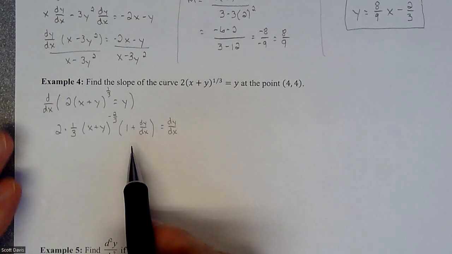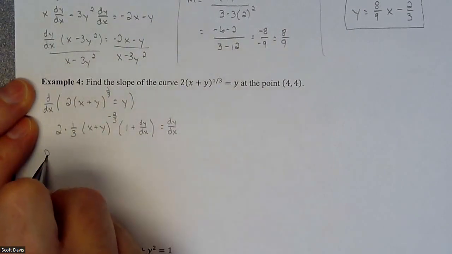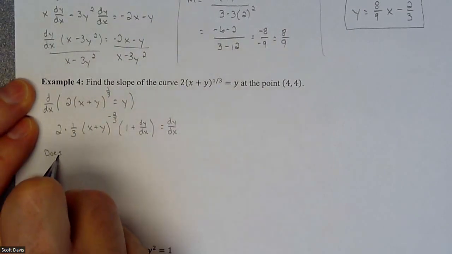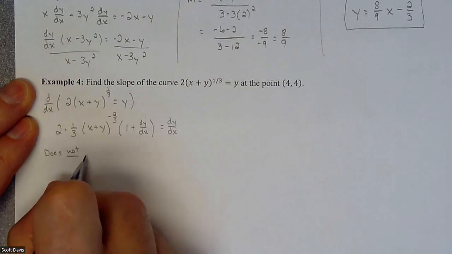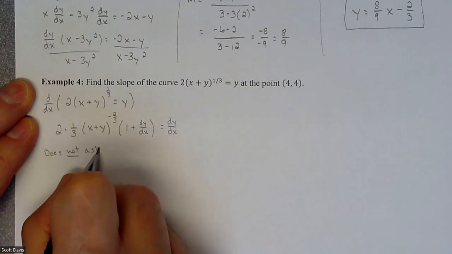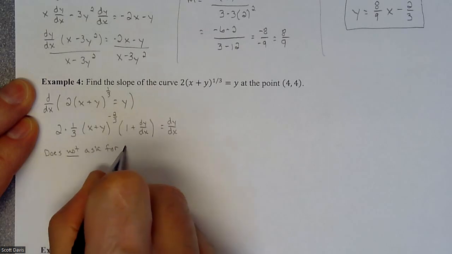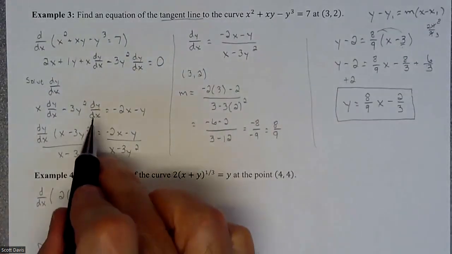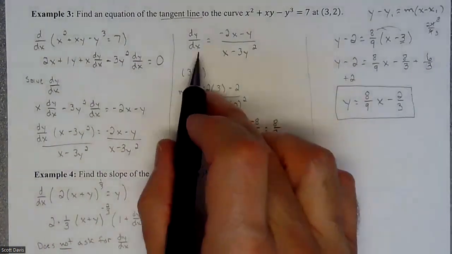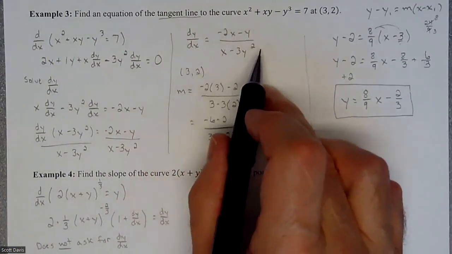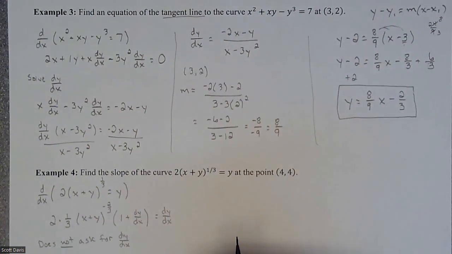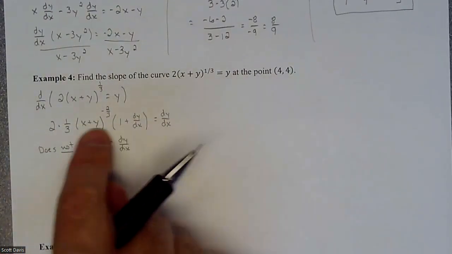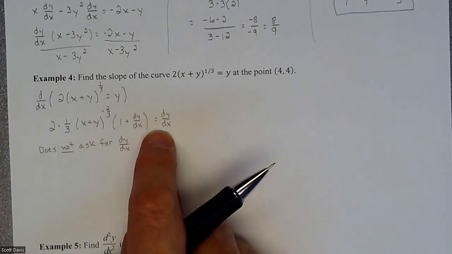So write this down: this does not ask for dy/dx. So that means in the last one, we did extra steps to isolate the dy/dx and purely create a slope equation. But this is also our slope equation, just a messier version of it.